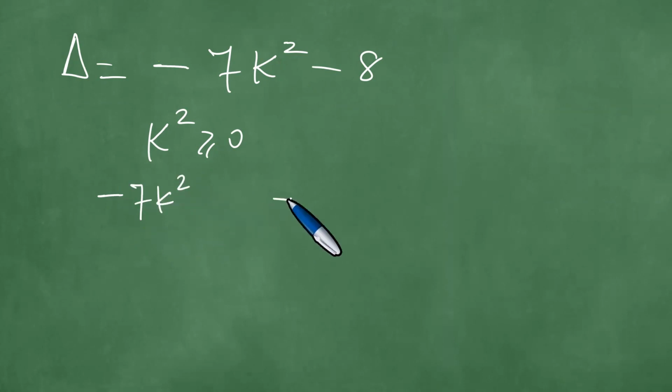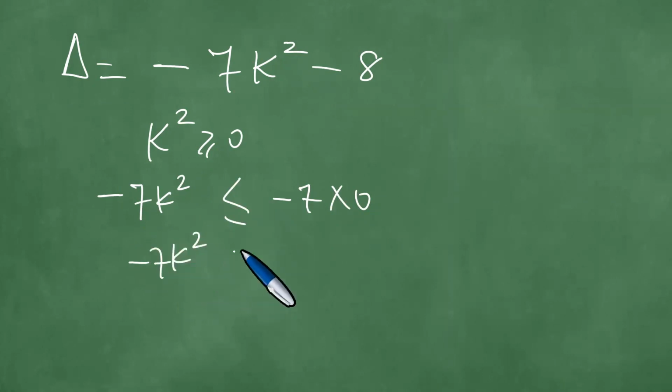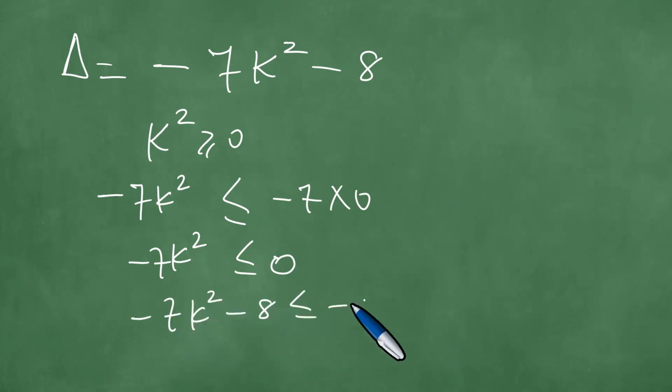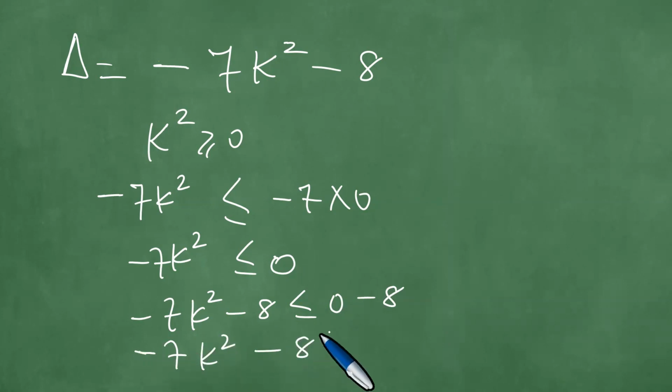But if you multiply it by 7, both left and right, the inequality changes direction. So that minus this is minus 0, or just 0. And then you have minus 7k squared, you subtract 8 from the left, and you subtract 8 from the right. So this becomes 0 minus 8, which means you have minus 7k squared minus 8 is less or equal to minus 8.